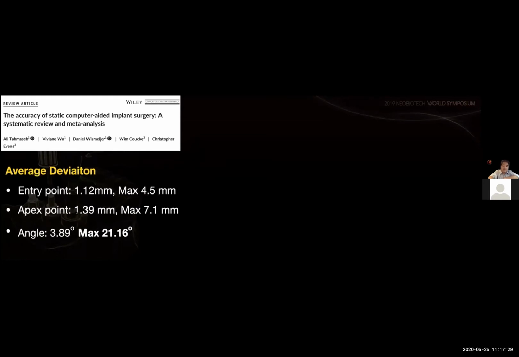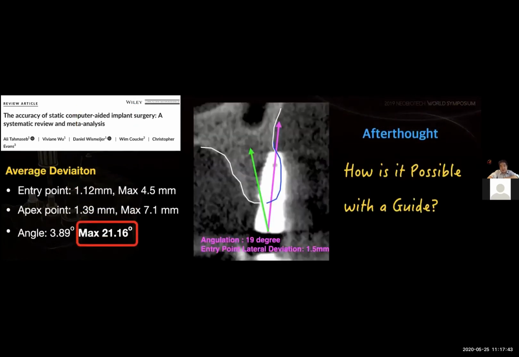The apex vertical position error can be 7.1, and the angular error averages about 3.8 degrees, however the error can be as high as 21.16. That is the range of the error. How is it possible? Even though we are using the guide and a CAD/CAM system, how is it possible to have a 21-degree angulation error?